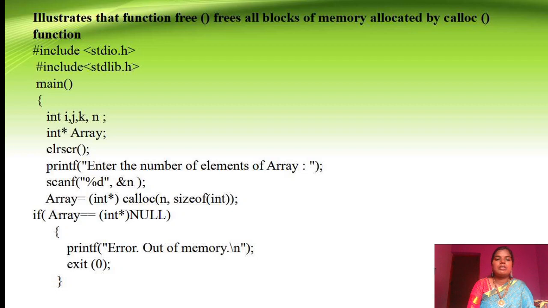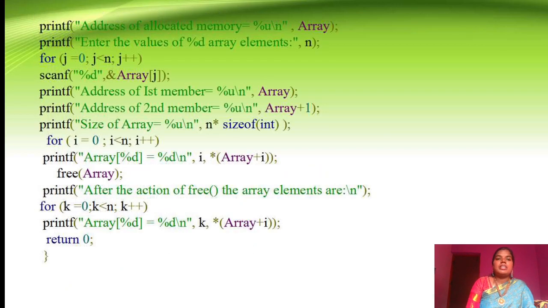If that is false, then printf address of allocated memory, that is the address allocated to the array, that we will be printing. Next printf enter the values of %d array elements, that is n. Then for j = 0, j < n, j++, scanf %d, &array[j]. That means we are inputting the array elements.